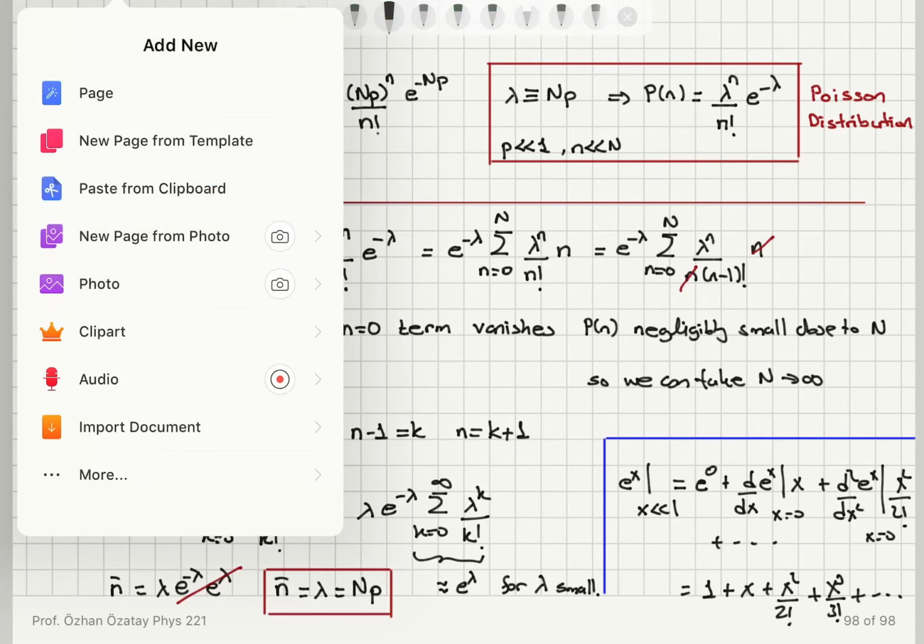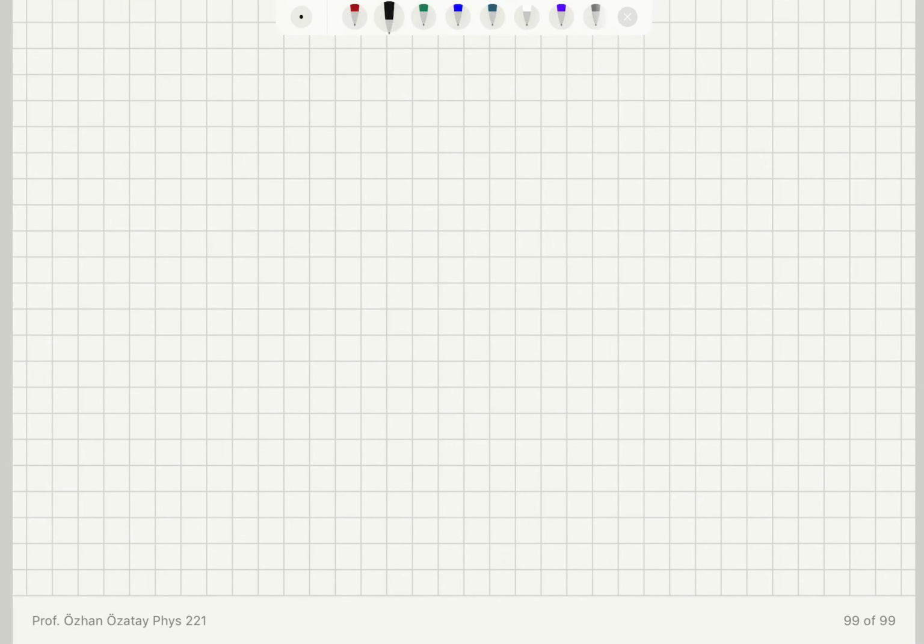So just to summarize things here, we have the binomial distribution, which is going to apply when you have a problem that has two possible outcomes. It's given by the combinations of capital N objects taken n at a time, p to the n, q to the capital N minus n, where p plus q is equal to 1.